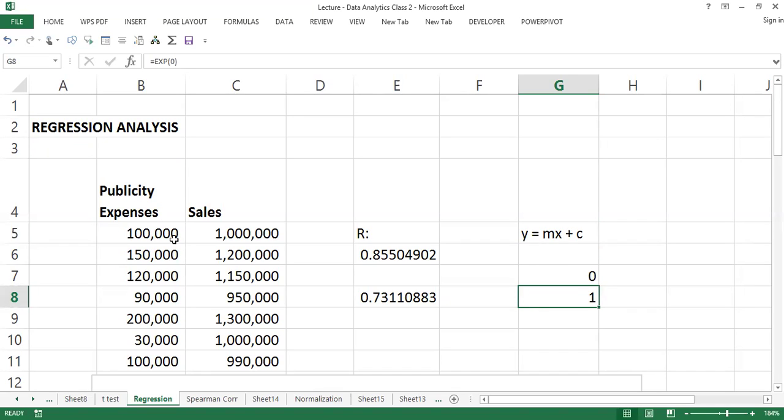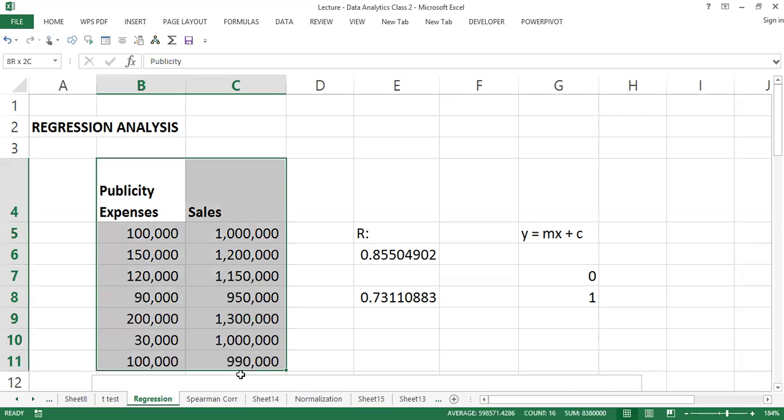In such a case, you are able to forecast what the value of the dependent variable would be for any given value of the independent variable. So that's the kind of problem you solve with regression analysis.